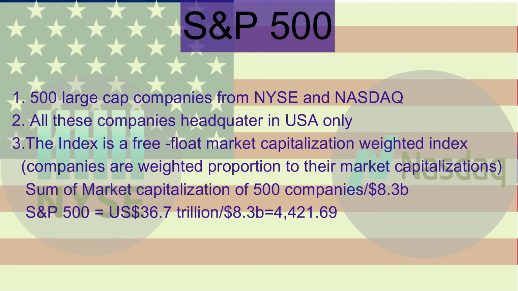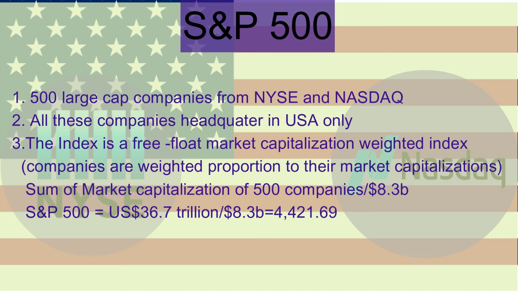On 30th of July 2022, I tried to calculate the S&P 500, and it was around 4,421. Market capitalization of one stock is calculated by multiplying the current market price with the outstanding stock issued to the public.